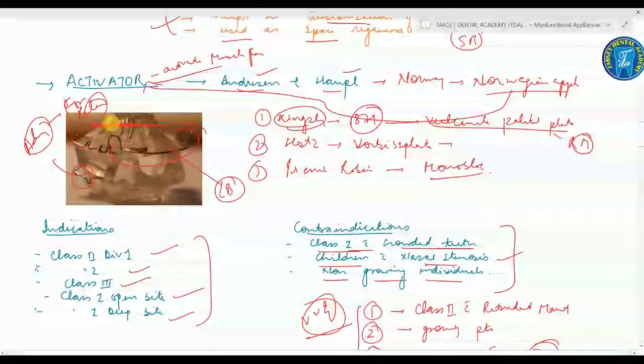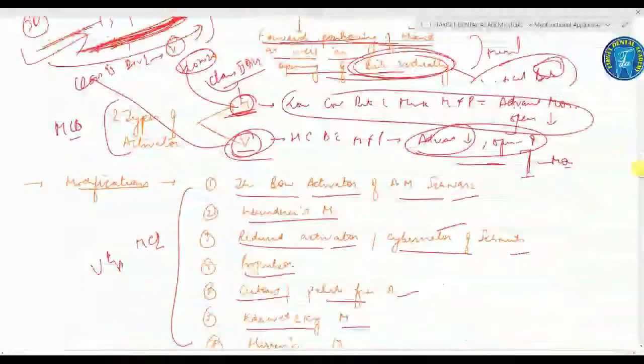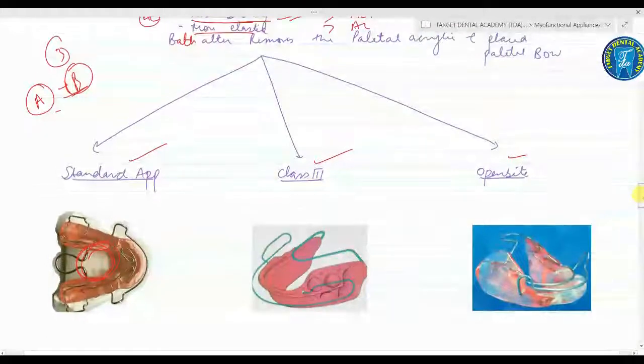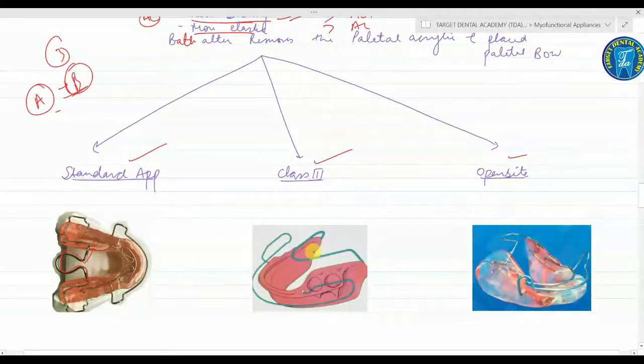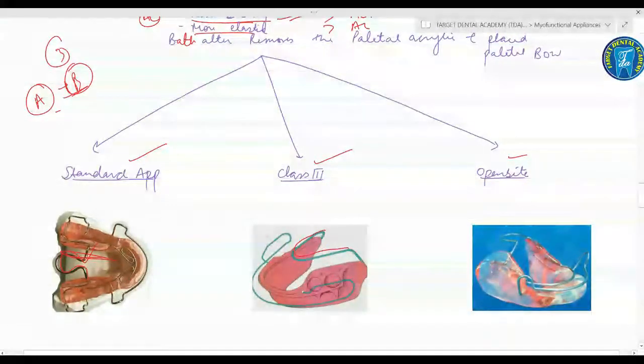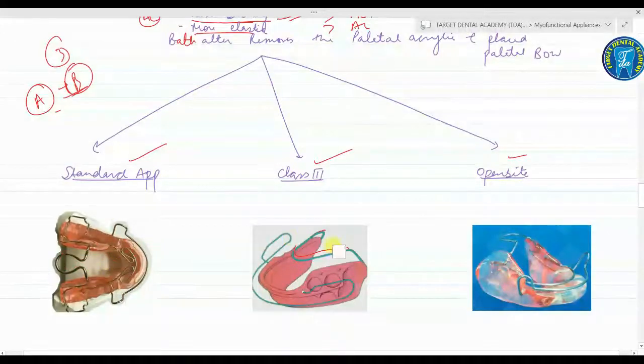This is the palatal acrylic, while in the bionator, this is the only difference, Balter removes the palatal acrylic and he placed the palatal bow. This is the palatal bow. Fine. So let's discuss all the three bionators one by one, starting with the standard appliance.